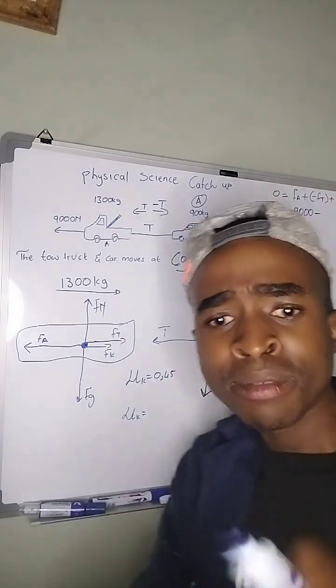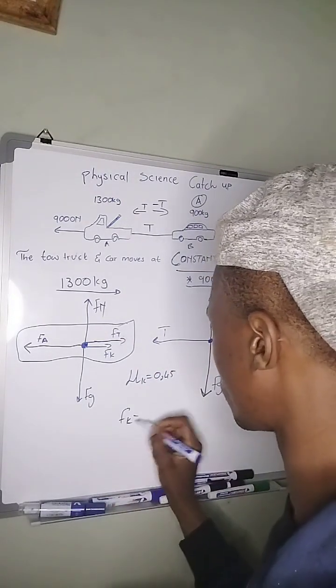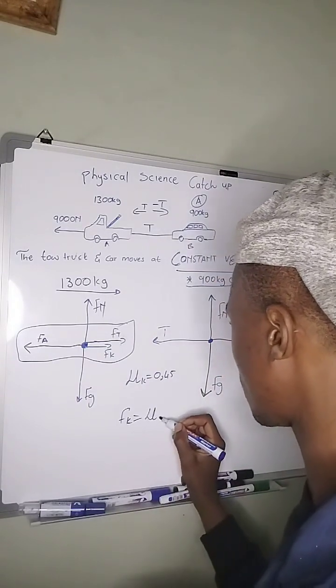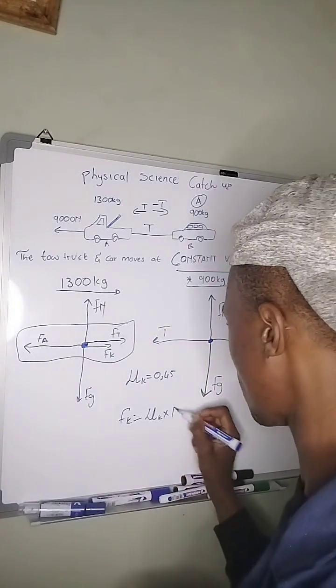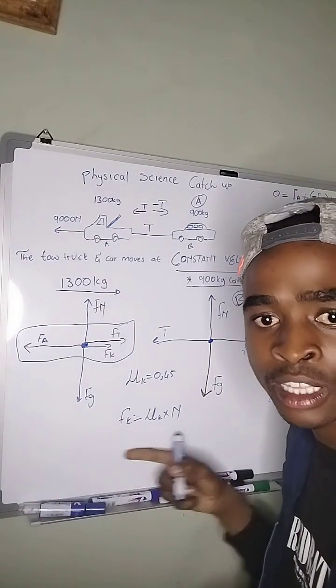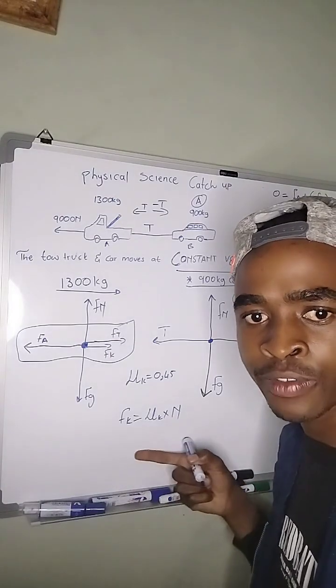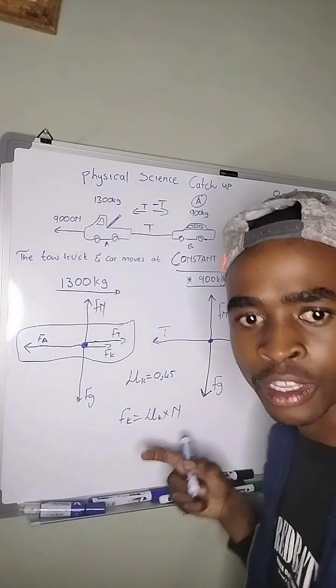Okay, give me the multiplication one. So Fk is going to be equal to the coefficient of friction multiplied by N. Is this the formula? Yes, thank you very much.